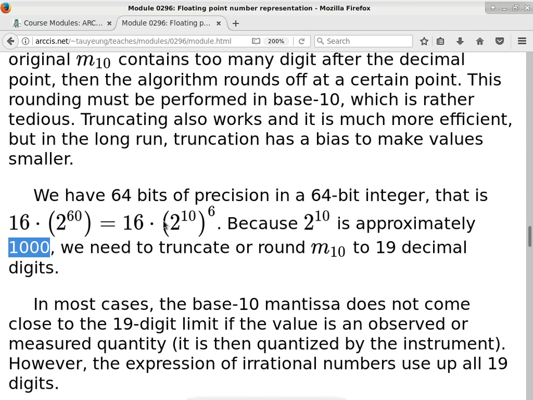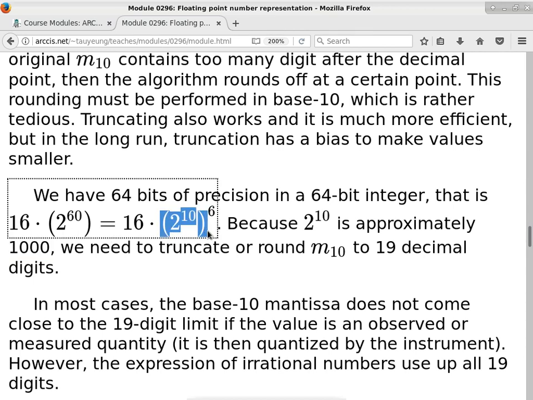So we can replace this portion with 10 to the power of 3. So 10 to the power of 3, the whole thing to the power of 6, is 10 to the power of 18. And then plus the 16 to begin with, so we have about 19 decimal digits before we run out, ish.